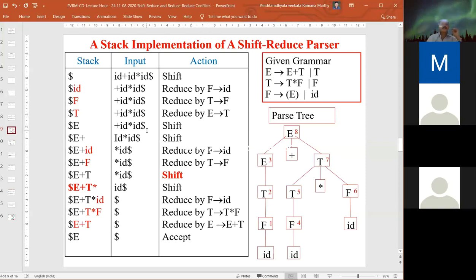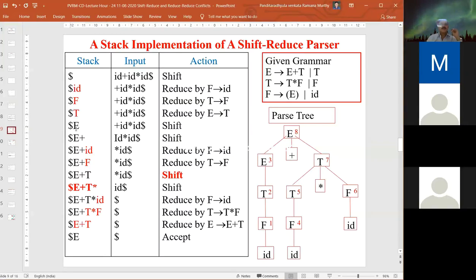In this step, we still have input on the input string, but the start symbol is also on the top of the stack. Now we will see whether we can do anything or not. We have a rule E derives E plus T.